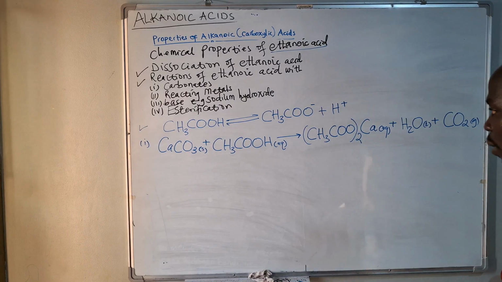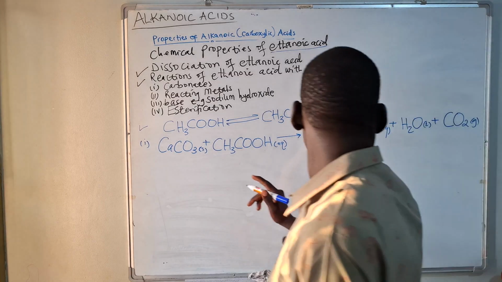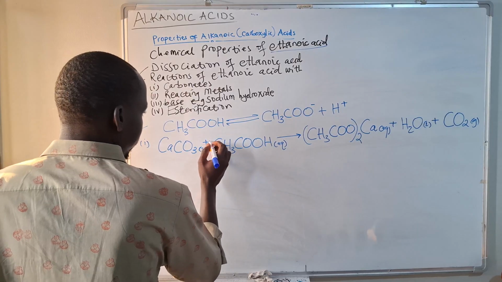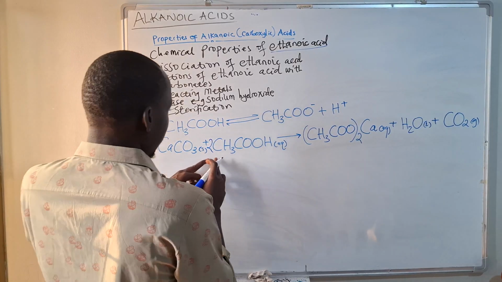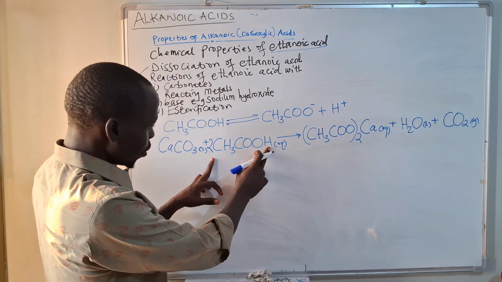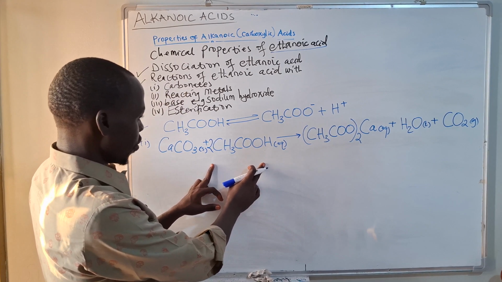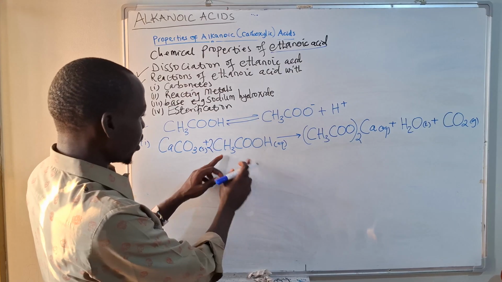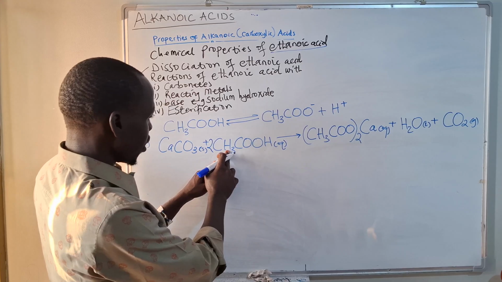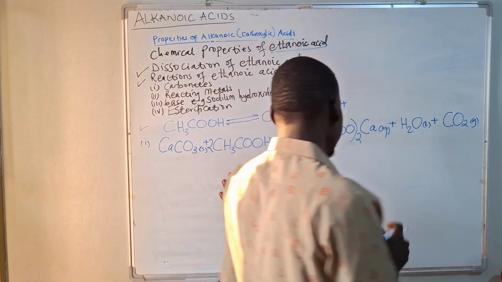When you look at this, someone will be in a position to balance. So we have two here, and we put two here. So here we shall have 2 times 3, plus 2, we shall have 8 hydrogen atoms.